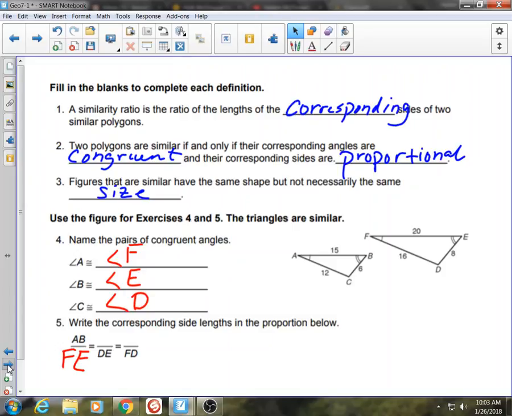Caitlin, what side will DE correspond to? DE corresponds to BC. Caitlin gets to pick. Who are you picking?